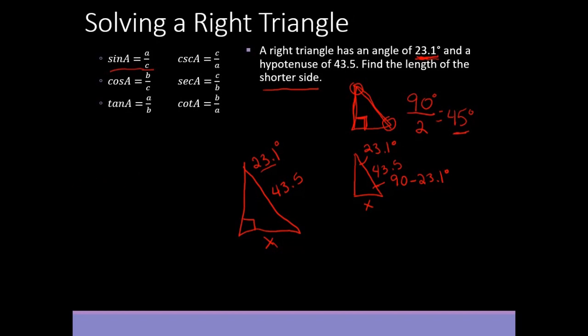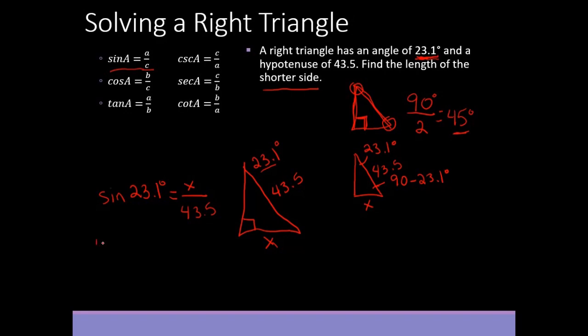So what we can do is we can say sine of 23.1 degrees equals x over 43.5. And since our unknown is x, we need to get rid of this 43.5 in the denominator.